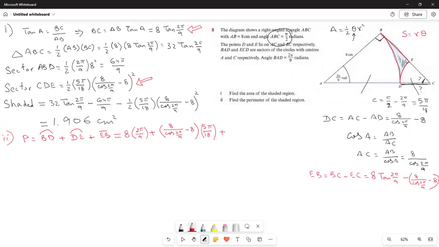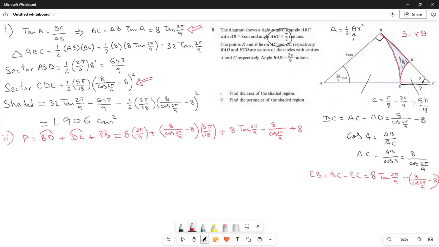So EB is equal to this whole thing, 8 times tangent 2 pi by 9 minus 8 over cosine of 2 pi by 9 and plus 8.